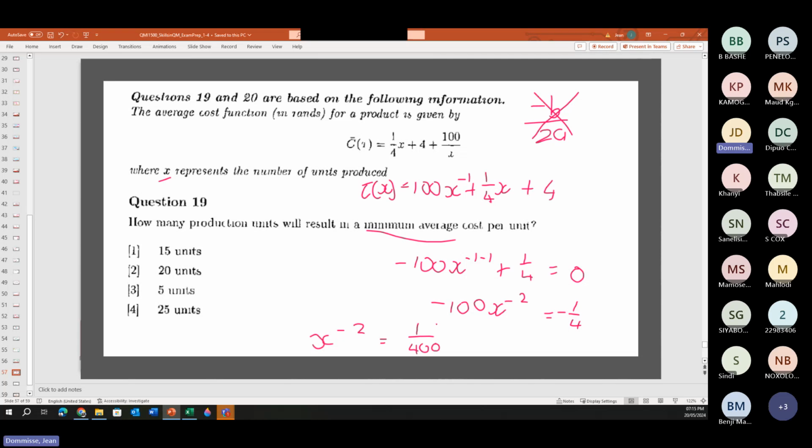Can we take the square root of that? So in actual fact, what we're getting to, and I hate this one, is that x is equal to 20. 20 to the power of minus 2 is 1 divided by 400.